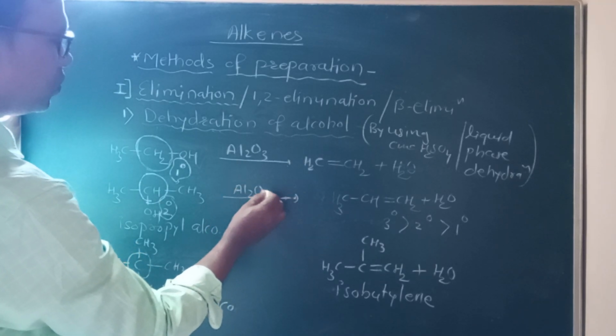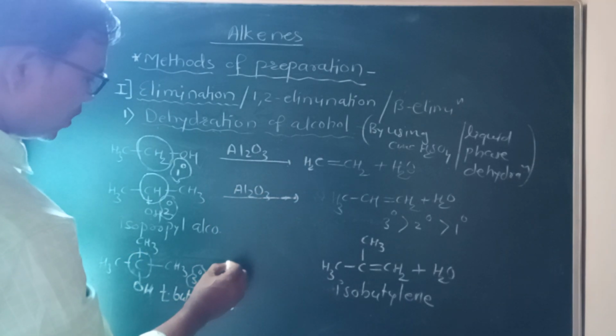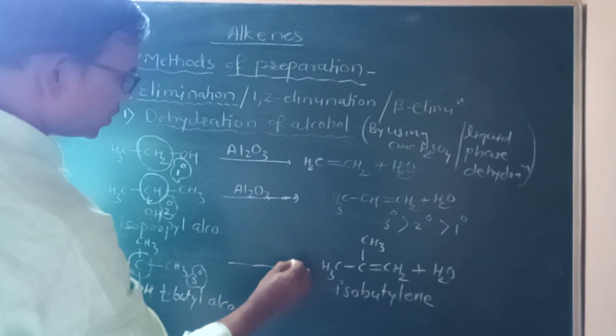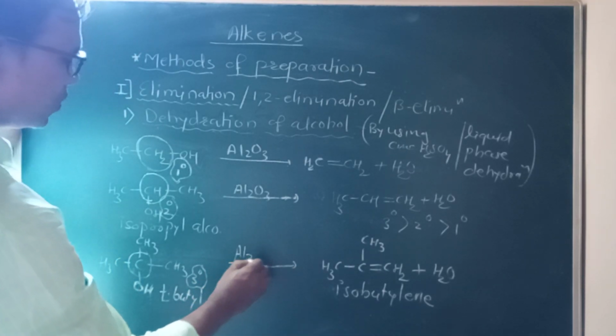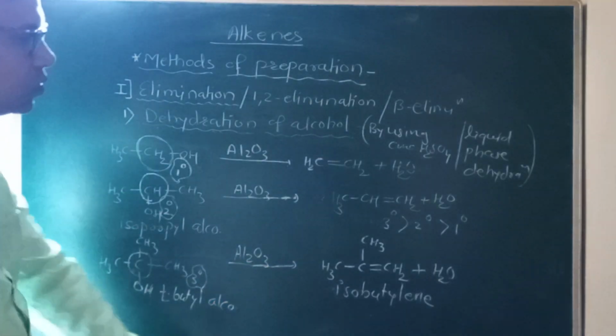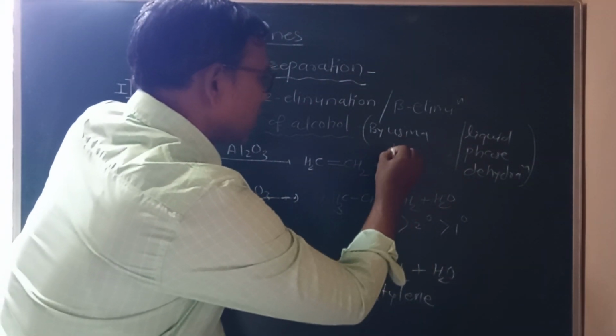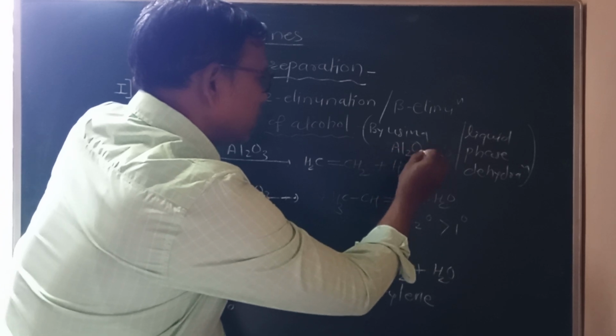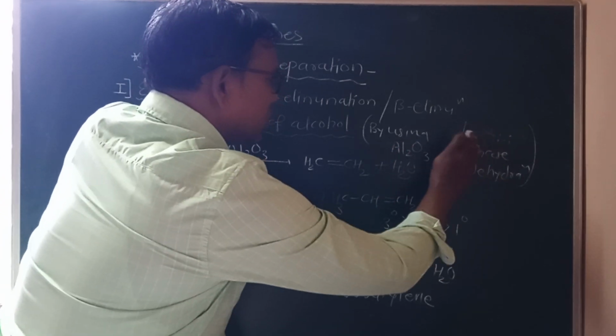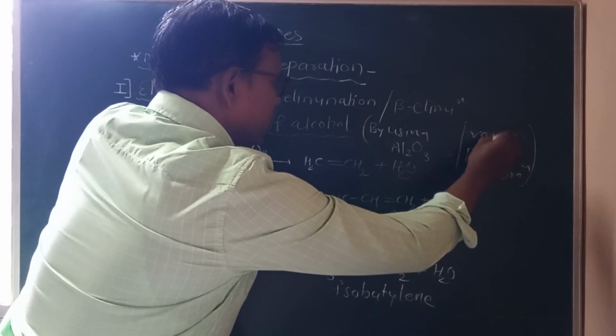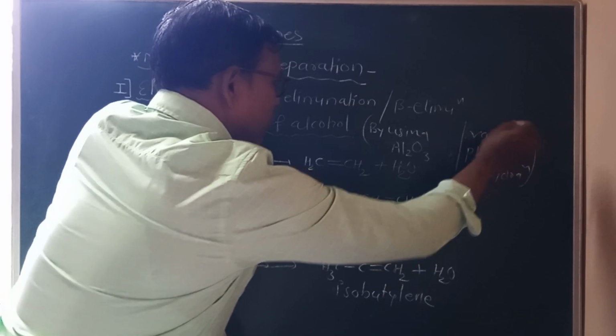So it's a dehydration which is by using what? Not concentrated sulfuric acid, but alumina, Al2O3. Now this dehydration is called vapor phase dehydration.